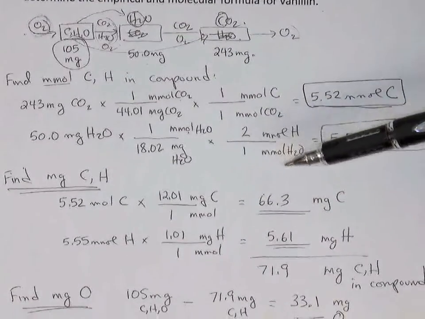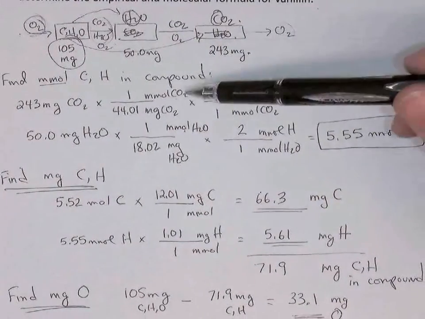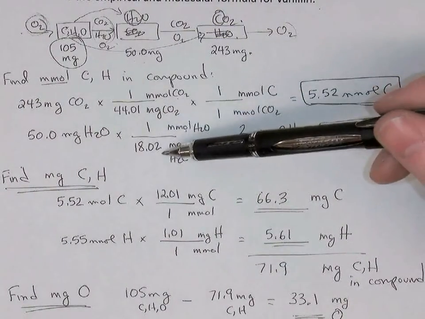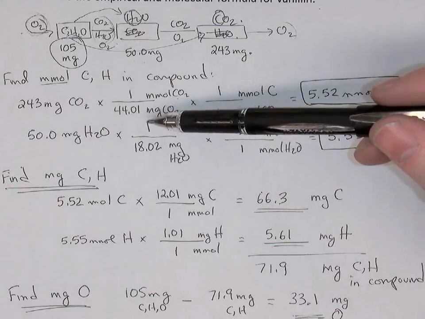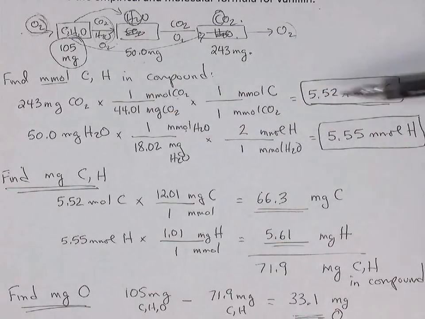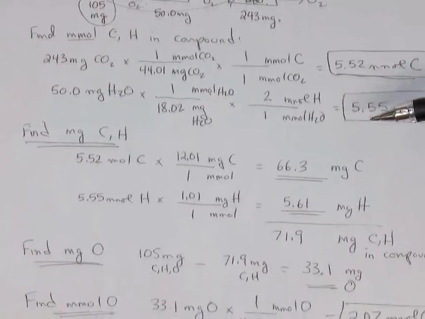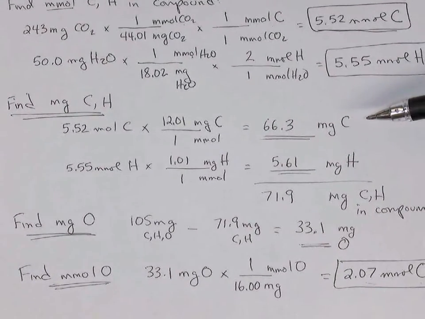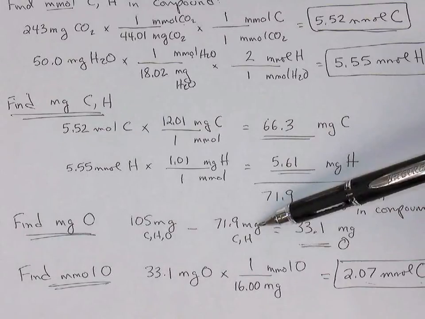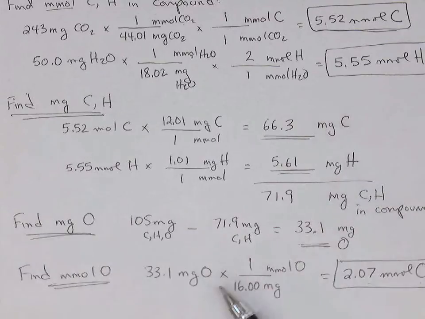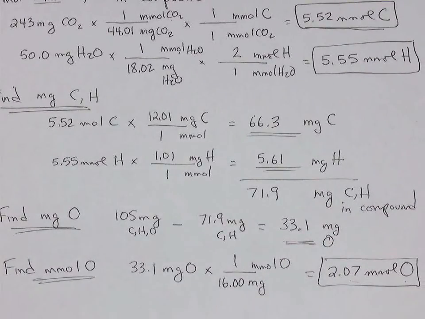So our way of finding oxygen was indirect. We found the millimoles of carbon and hydrogen directly from the CO2 and water, because all the carbon in the CO2 came from our compound. All the hydrogen in the water came from our compound. We converted those back to masses and subtracted that from the mass of the compound to get the mass of oxygen in the compound indirectly. And now we've got the millimoles of oxygen as well.